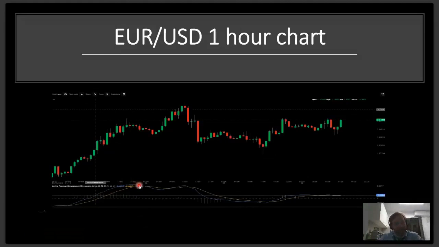Alternatively, if it's in the overbought territory and the faster MA crosses below the slower MA, the market might start to sell off again.